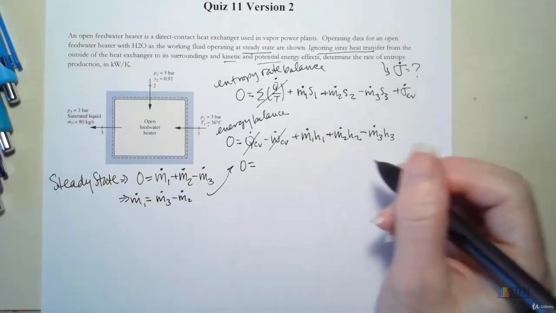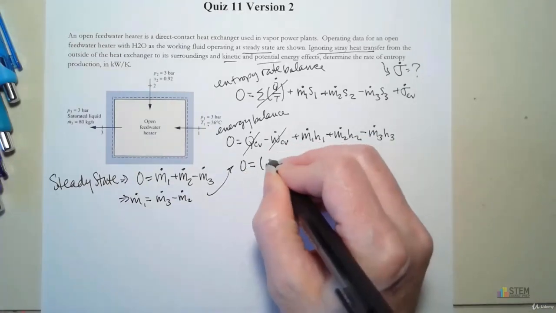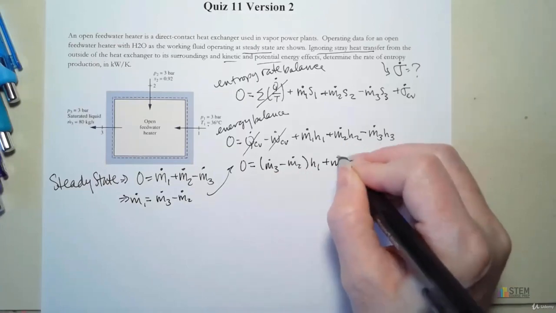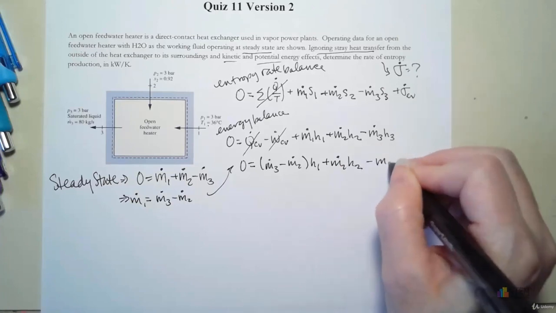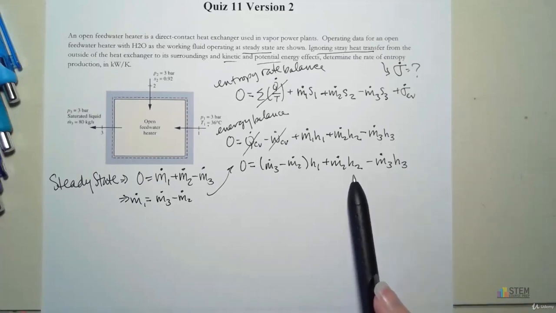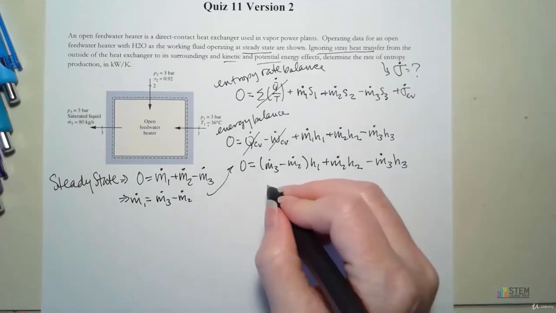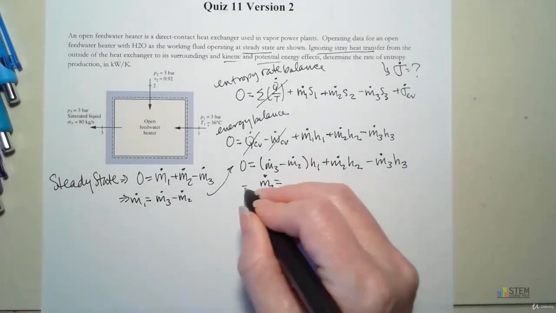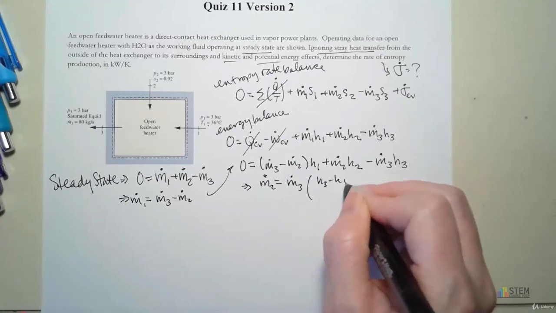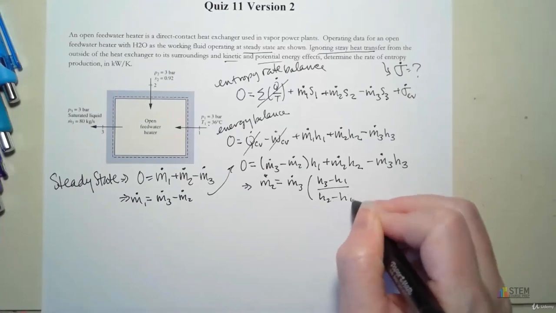We're getting rid of m1 dot by making this switch here. So we'll have 0 equals m3 dot minus m2 dot times h1 plus m2 dot times h2 minus m3 dot h3. Now we've got that. With this, let's solve for m2 dot. m2 dot then, once you do your algebra, is going to be m3 dot times h3 minus h1, over h2 minus h1.